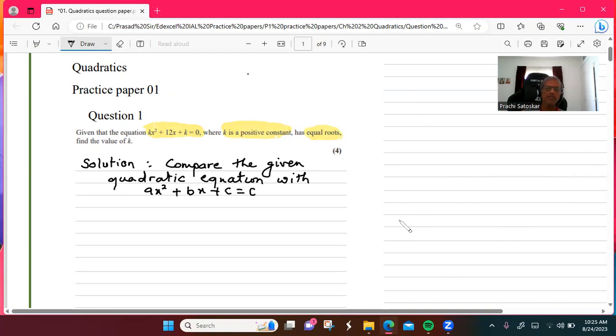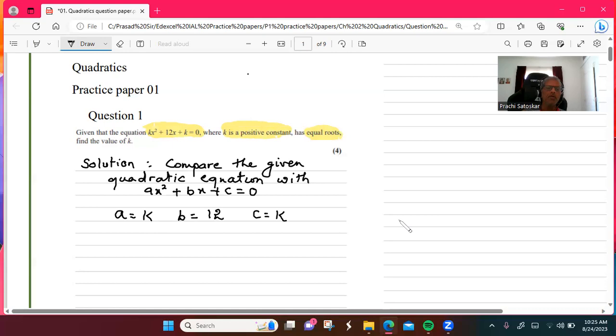This is the standard form of the quadratic equation. So a is the coefficient of x square here, that is a is equal to k. Then b is the coefficient of x, that is b is equal to 12. And c is the constant term in the equation, that is c is equal to k.